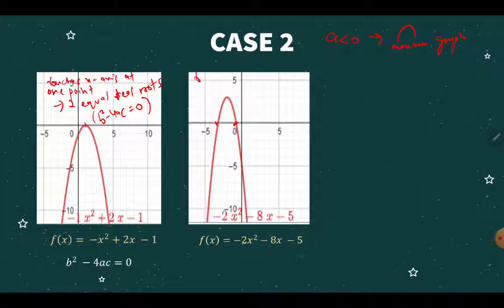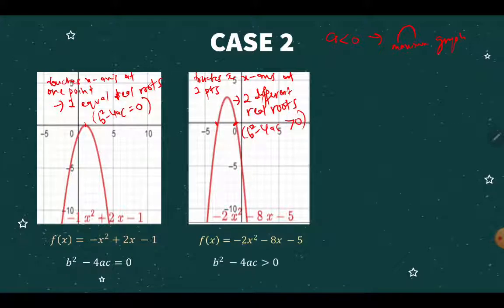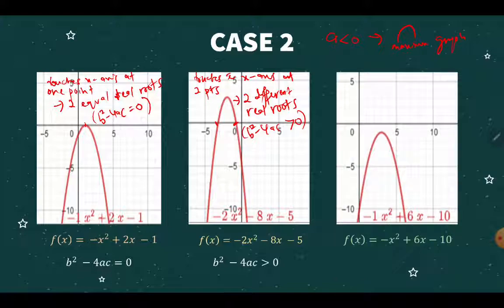The next graph touches the x-axis at two different points. So we know that this is two different real roots. So we relate it with discriminant greater than 0. How about the last one?